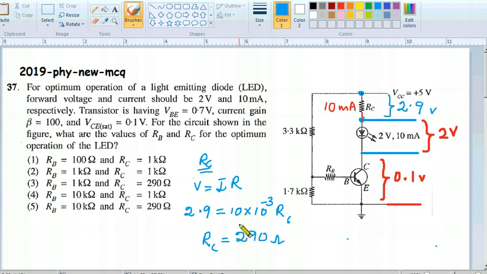So that value is included in this question, answer 3 and answer 5 both. Therefore we have to do more calculations. That means we have to find this RB also, otherwise we can't select the suitable answer from these two.